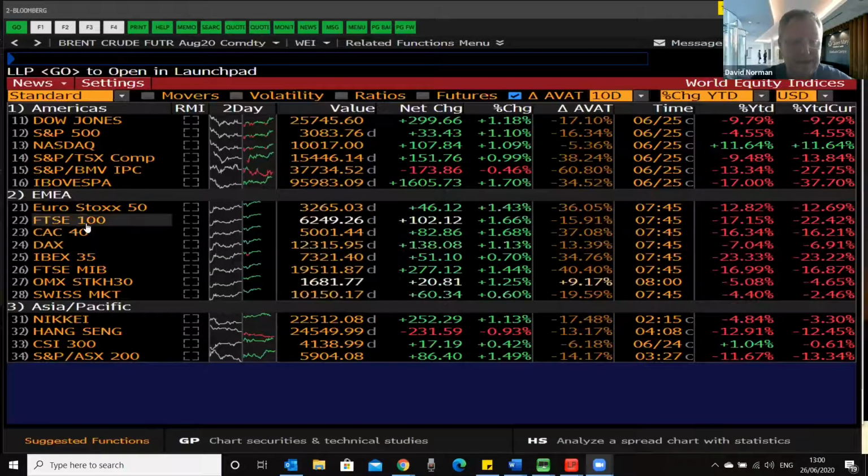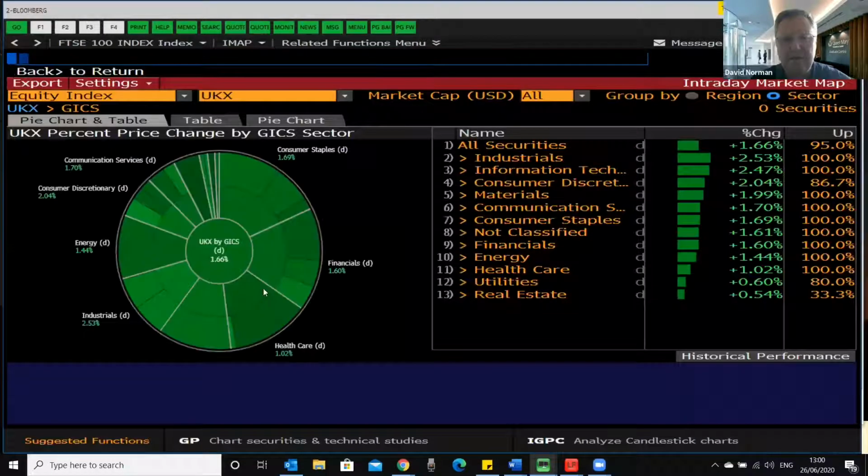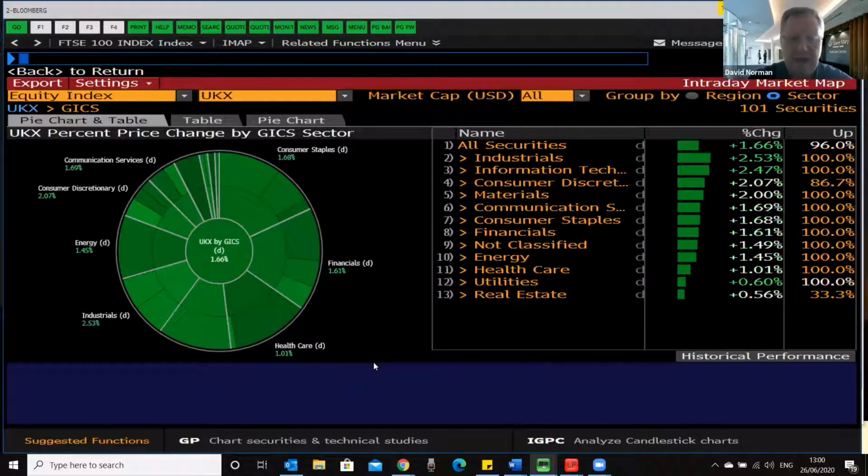Now, if I click on FTSE 100, you'll see immediately that all the business sectors come up and how they're performing today. When you learn trading and you're learning about financial markets, you look at equity markets to give you indications of whether or not trading is risk on or risk off. These two conditions change throughout the trading day.